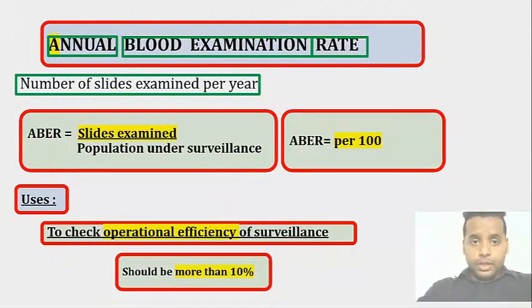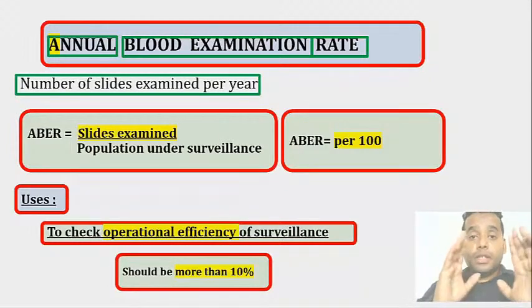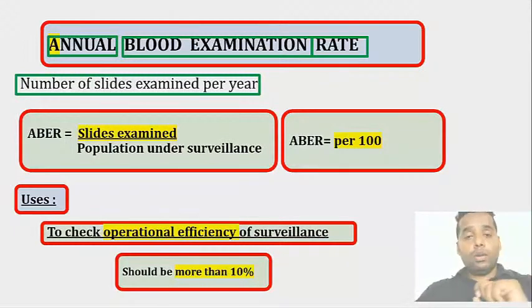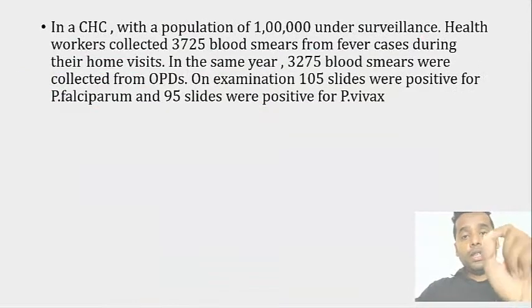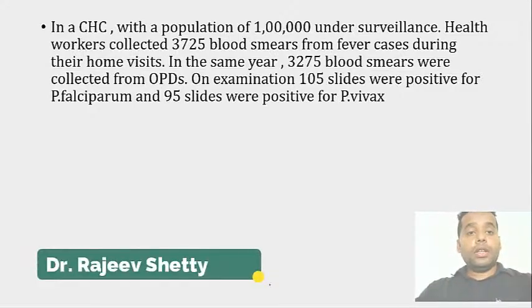Incidence is new cases. Blood examination rate is slides examined. Once you know the formula, I will give one calculation for you. So see this question. In a community health center, population of 1 lakh under surveillance. Health workers collected 3,725 slides during their home visits, that is active surveillance.